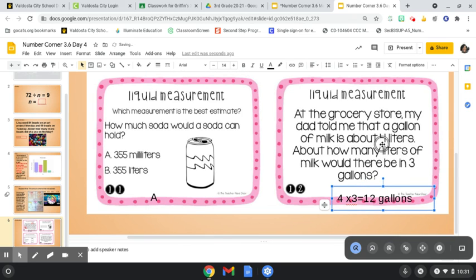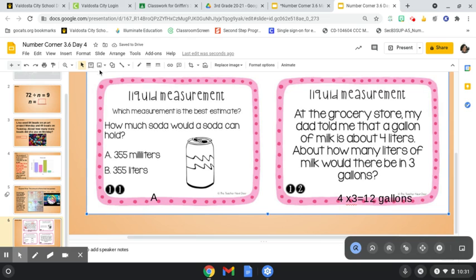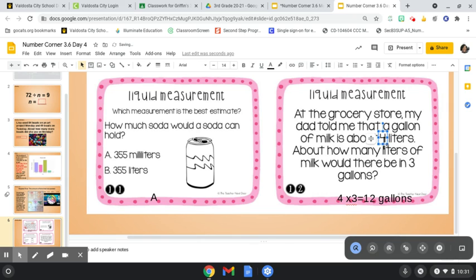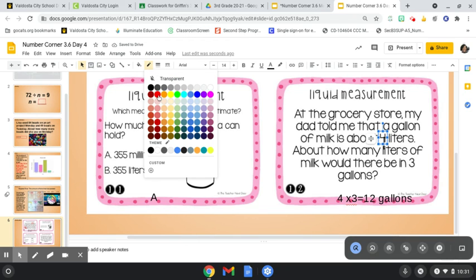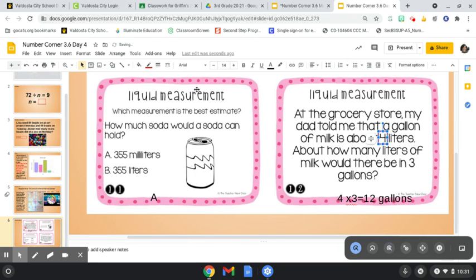And we want to make sure we highlight our numbers. So let's put a box here. The 4. We know a gallon of milk is 4 liters. And then about how many liters of milk would there be in 3 gallons?